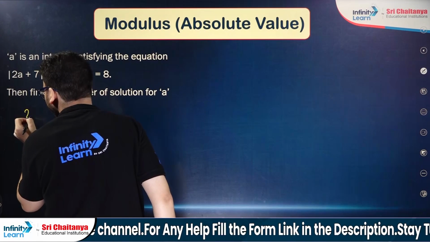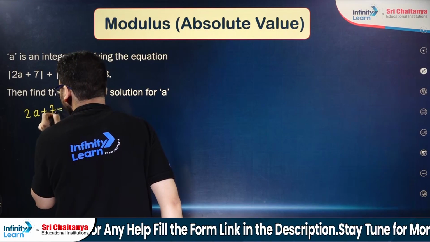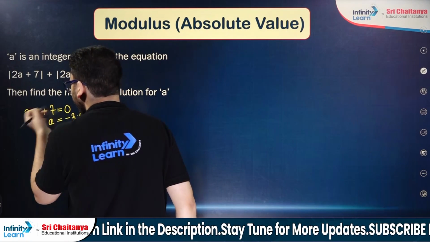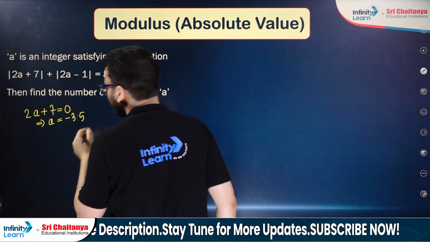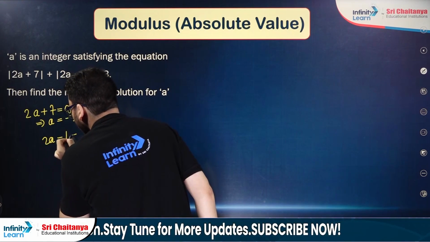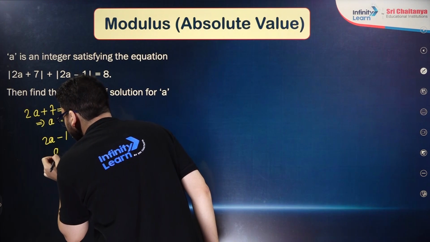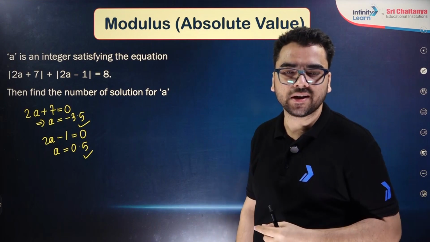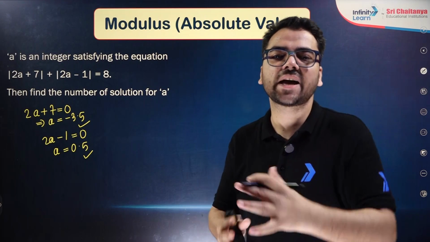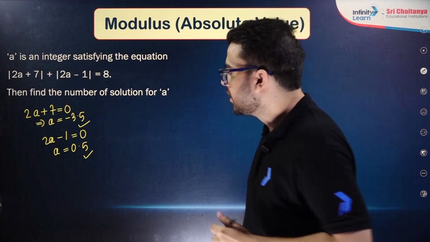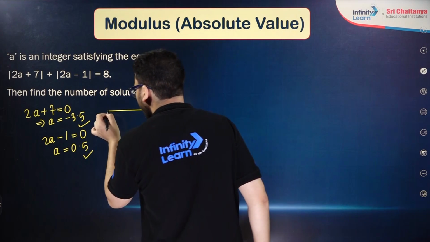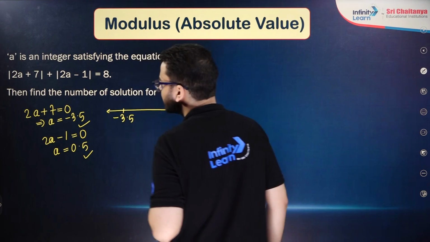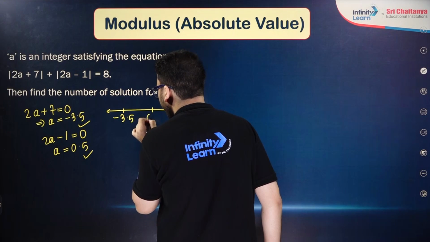So you can say if you take 2a plus 7 is equal to 0, so you will say from here a is equal to minus 3.5 over here, or minus 7 by 2 basically, and the 0 of the polynomial inside the other modulus, so a is equal to 0.5. So these are basically the critical points over here. Critical points means the points of sign change in this context we are talking about. So basically you can just show them on the number line for you to understand. So you see that is minus 3.5 and 0.5, correct?